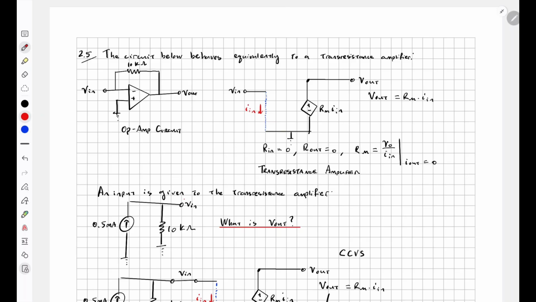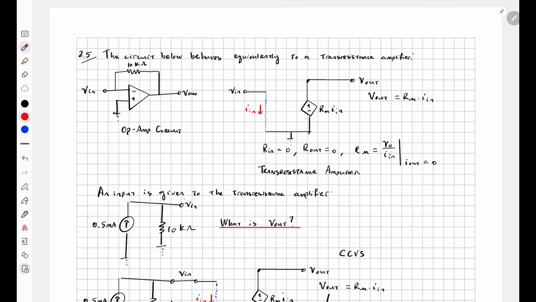There is some mechanism that converts Vin into In, and then another mechanism that converts In to Vout. The translation from In to Vout is through this resistance value there.